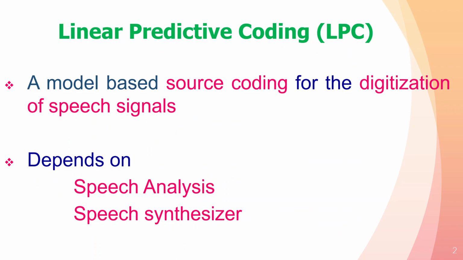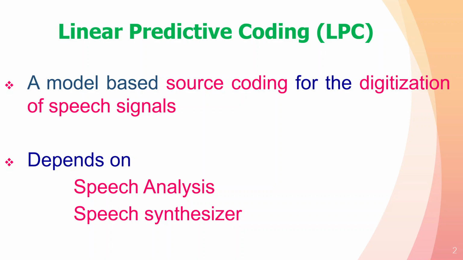LPC, Linear Predictive Coding, is a source coding technique for digitization of speech signals. That is, for efficient representation of speech or voice, we will use linear predictive coding. It has two parts, that is speech analysis and speech synthesis.